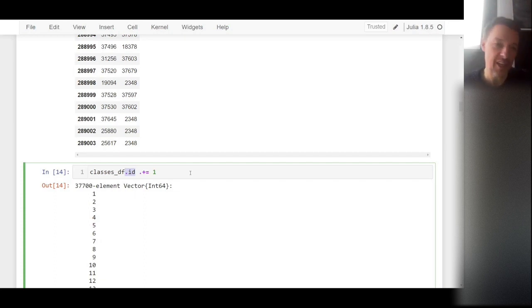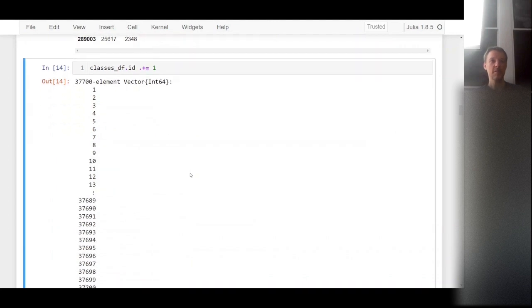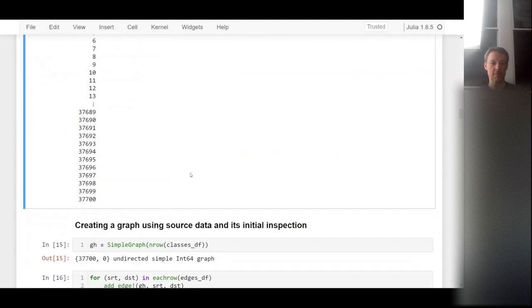So I just write classes df ID and again dot plus equals 1, which means I increment only a single column by 1. Again, pretty simple. Now I incremented this column by 1, and now I have both data frames using one-based indexing. So is this clear? Okay, so we can move forward.